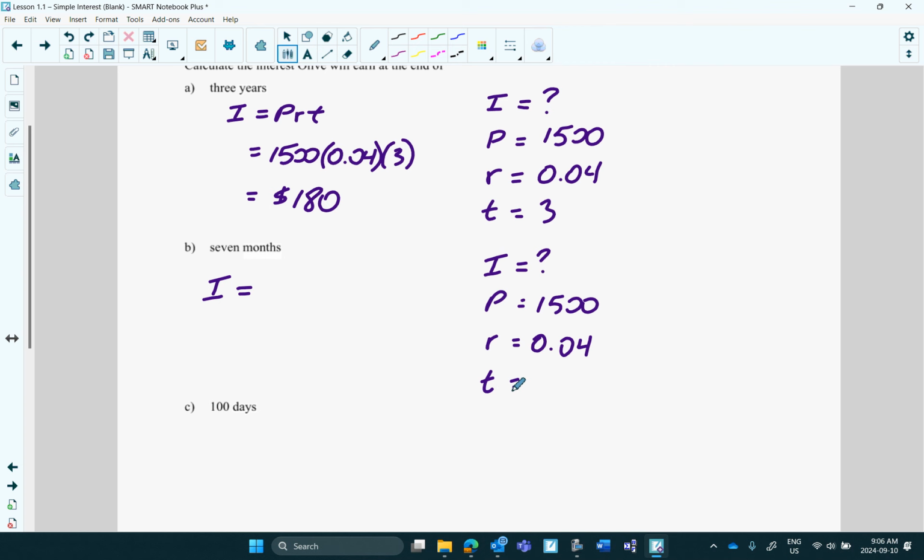It's only part of a year, a fraction of a year. 7/12. So if you're finding out per month, always take the months over 12.